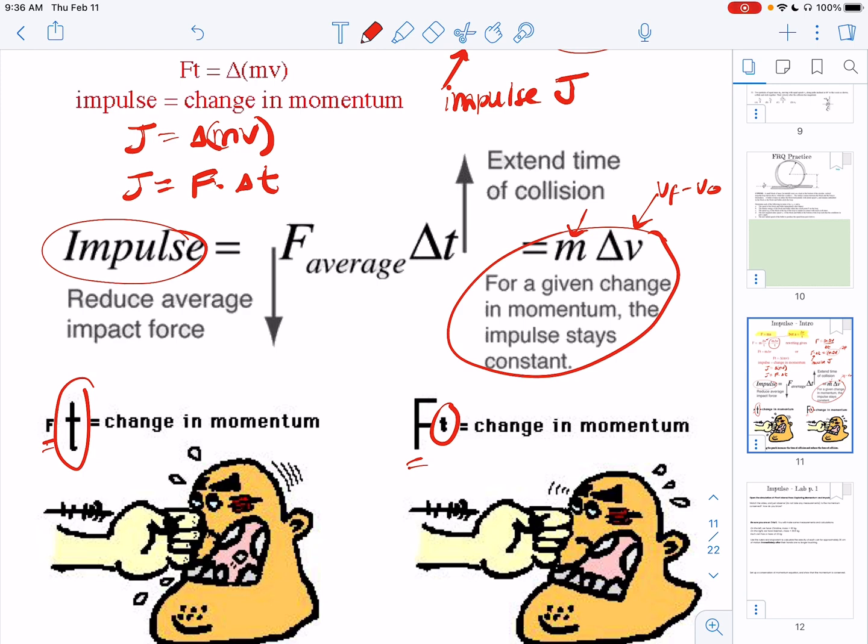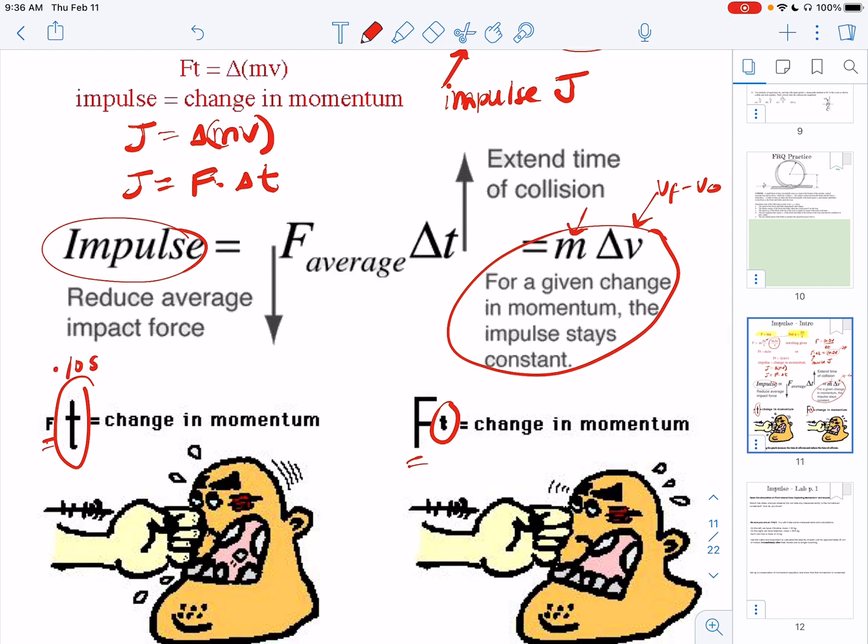So if I stop in 10 seconds, maybe I would only feel a 2 Newton force, versus if I stop in 2 seconds, I would have to feel a 10 Newton force, because say I needed 20 Newton seconds of impulse. So the quicker that change happens, the harder it is on the force, like you would feel it more. So that's a common thing.